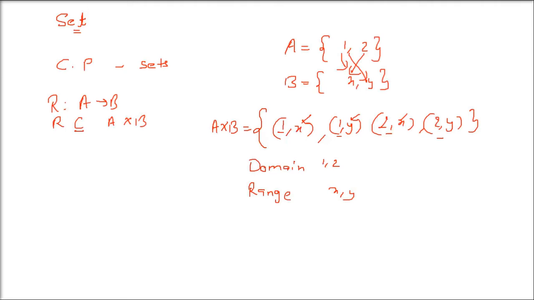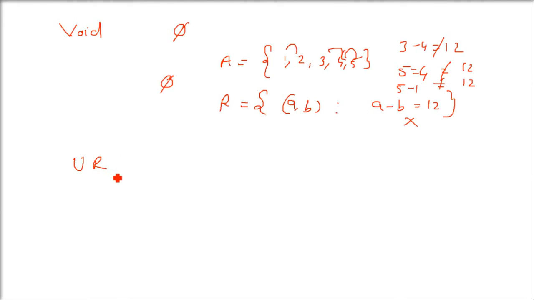Universal relation is what? It's the total A cross B, or A cross A. That is, all the Cartesian product ordered pairs together form the universal relation. What is an identity relation? Identity relation is somewhat related to the reflexive relation.